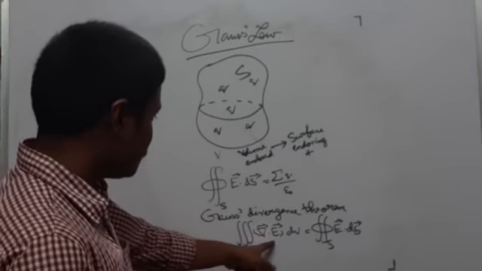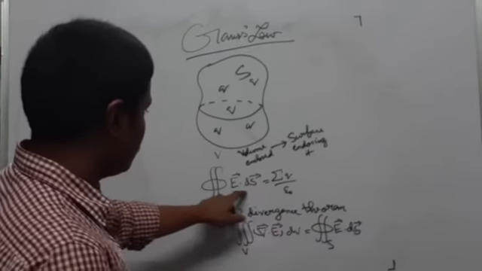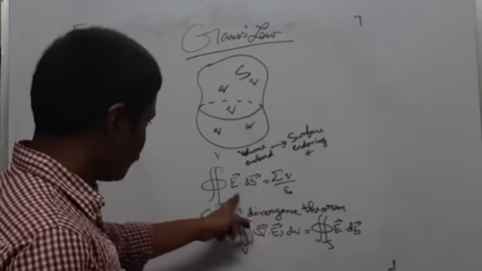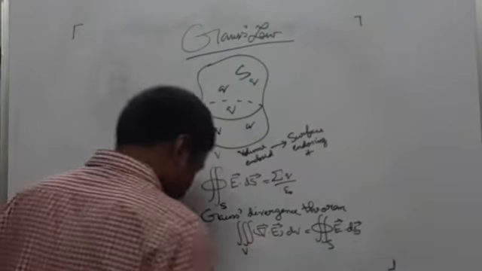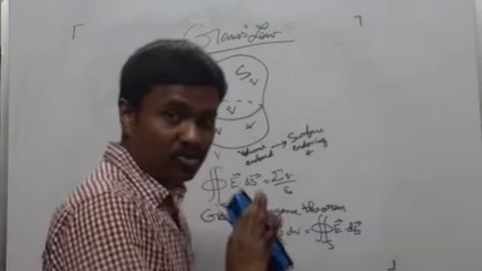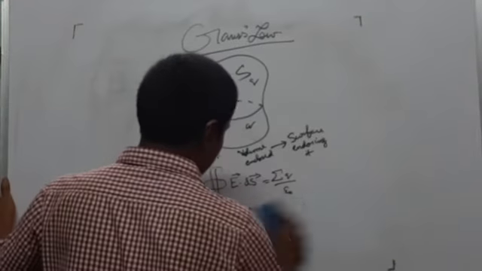So essentially this is equal to this, and this says that the closed surface integral equals the total amount of charge enclosed by the surface.